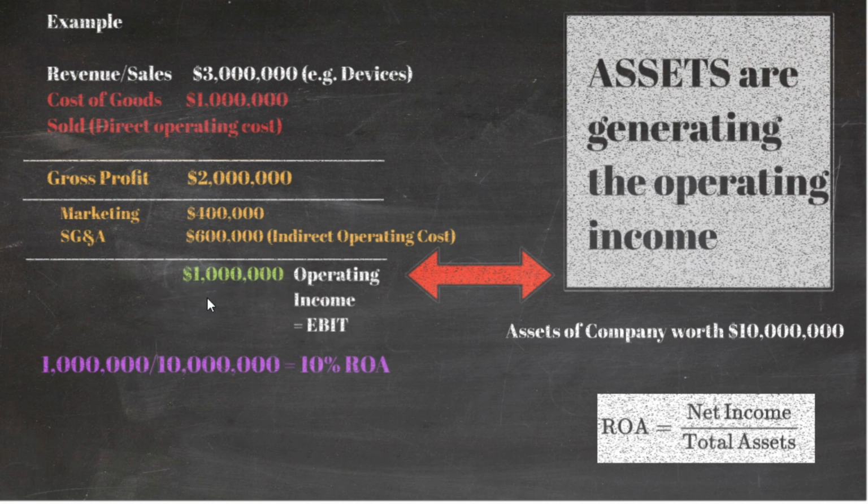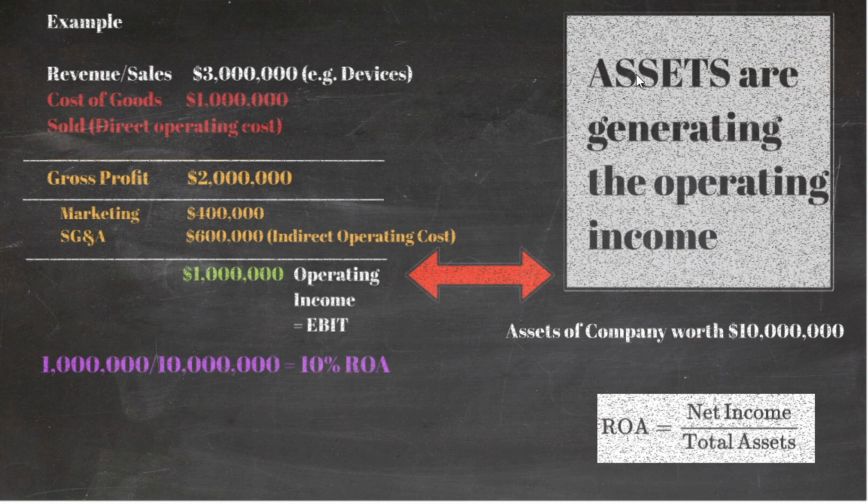So this number is important, and it's also useful because now we can start getting some ratios that give us an idea of how the company is doing compared to the sector that it's in. In order to make this $1 million, we look at the assets we spent, the machines, whatever equipment.